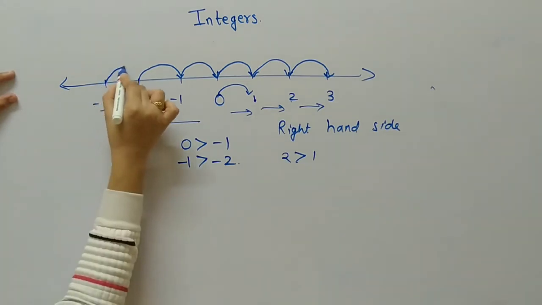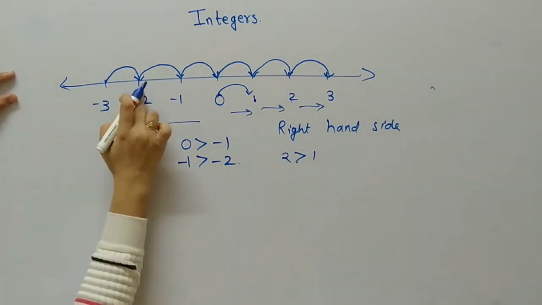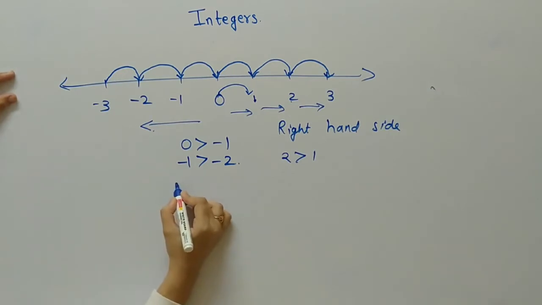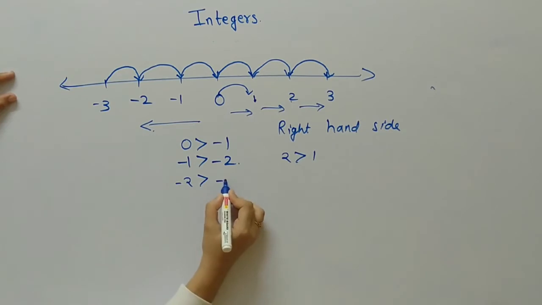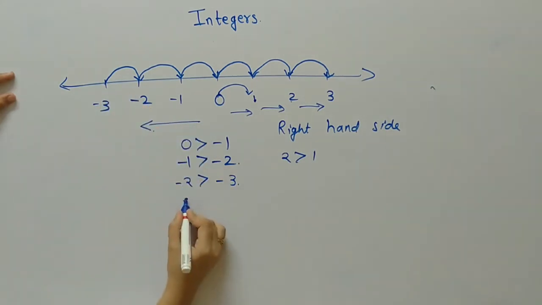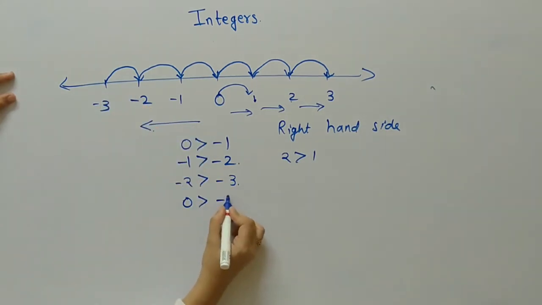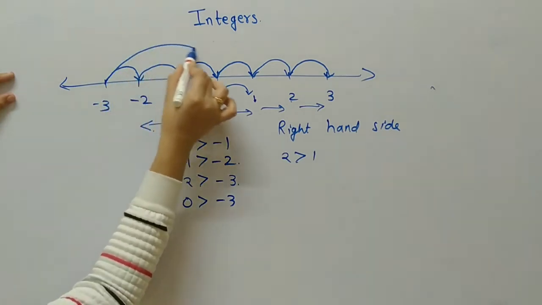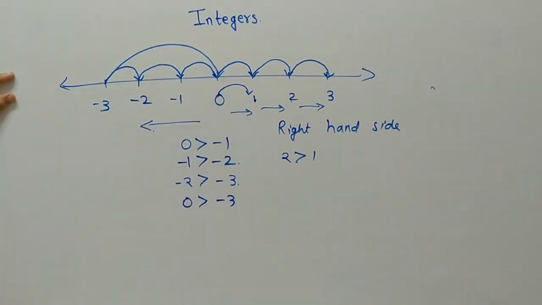Similarly, minus 2 lies on the right hand side of minus 3. So minus 2 is greater than minus 3. Similarly, we can say that 0 is greater than minus 3 because 0 lies on the right hand side of minus 3.